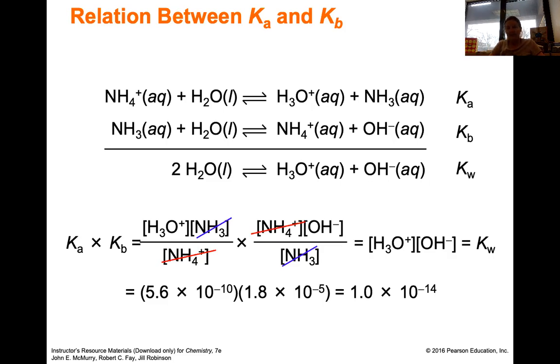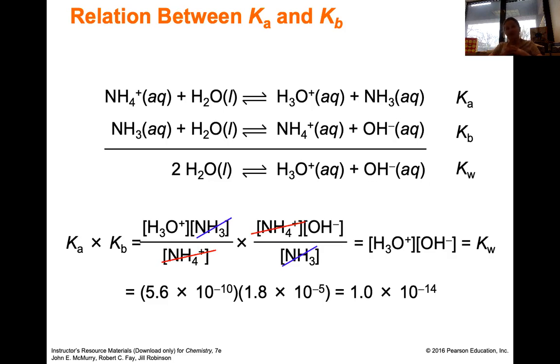So if you know the Ka or the Kb for an acid-base conjugate pair, then you can always determine the other one. When you look at these reactions, the first one is the acid dissociation of the ammonium cation. The second is the base dissociation of ammonia, which if you refer back to the first reaction, is the conjugate base of ammonium.